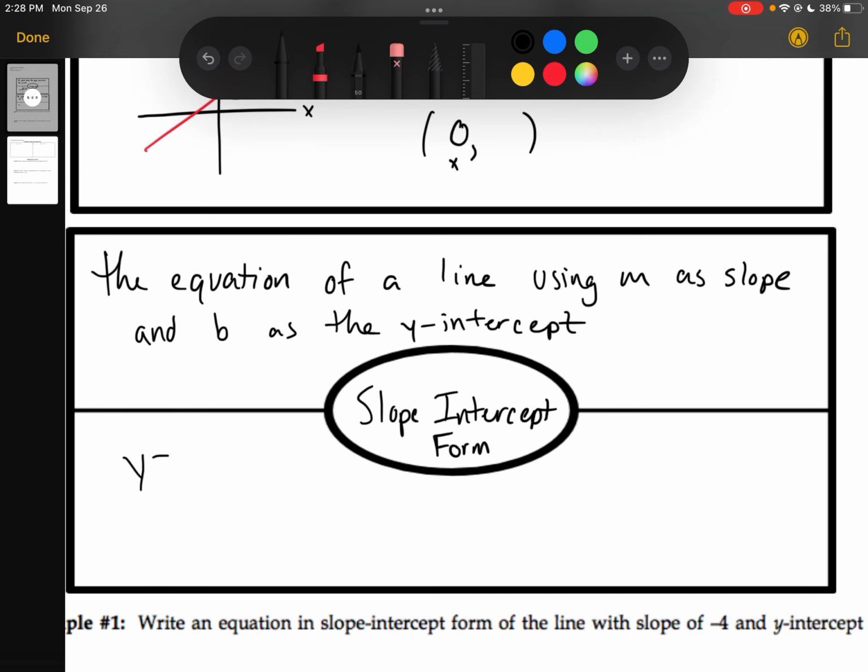So we always write it as y equals mx plus b. M is always slope. B is always the intercept.